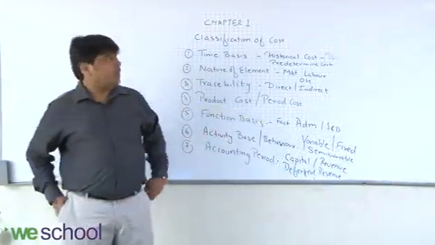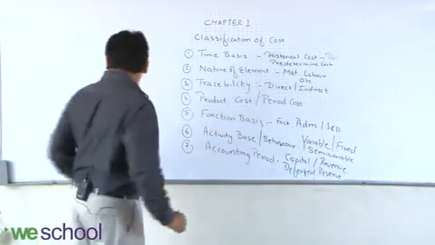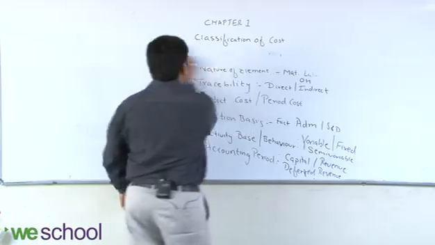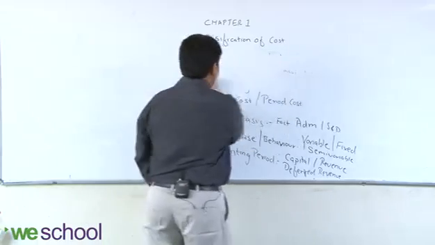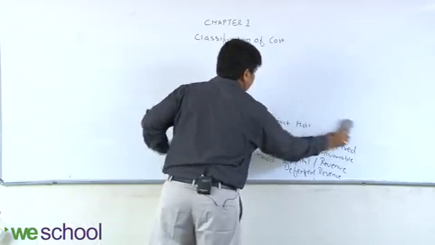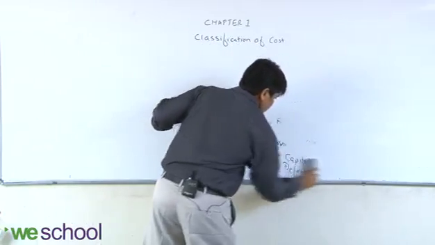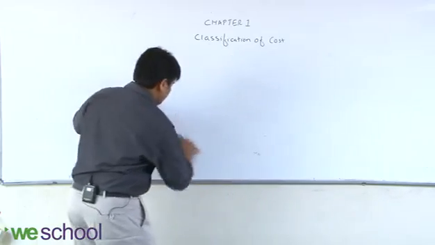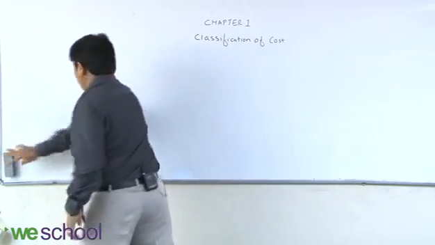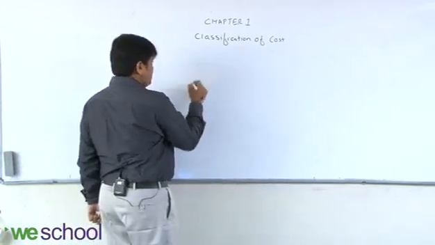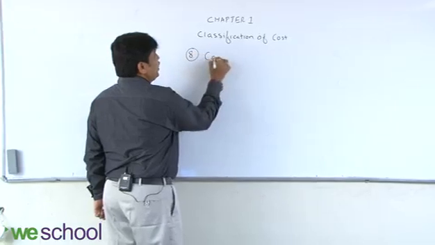Now we are bifurcating. There is some more bifurcation, which is done on the basis of controllability. Some of the expenses can be classified on the basis of controllability.